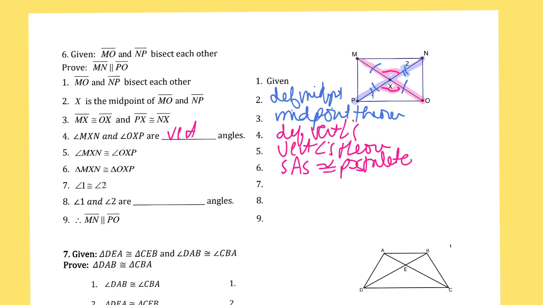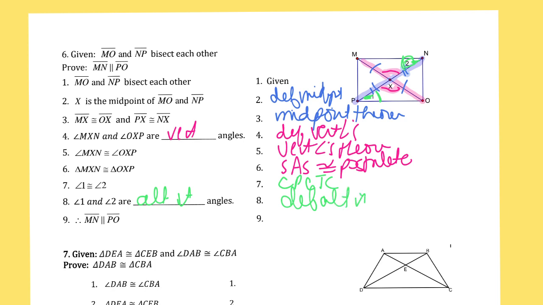So let's look at angle 1 and angle 2. Those are up here and here. Because we've proven that those two triangles are congruent, we do know that angle 1 and 2 are congruent by CPCTC. We also know that those are alternate interior by definition of alternate interior.